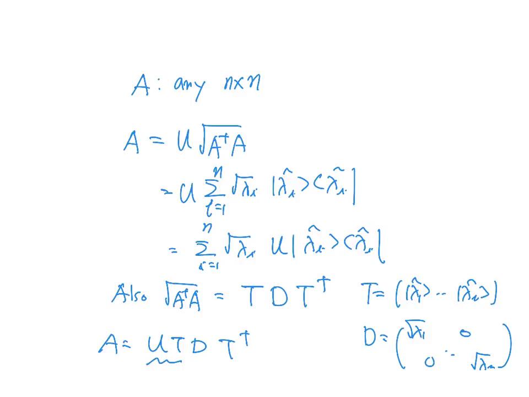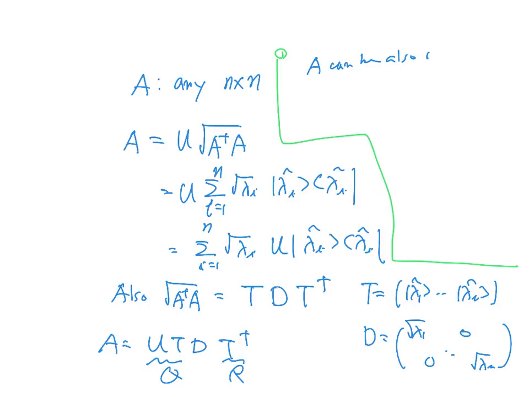So we can say this is Q R. They are both unitary. Then A can also be written as Q D R. Q, R unitary. D is diagonal.